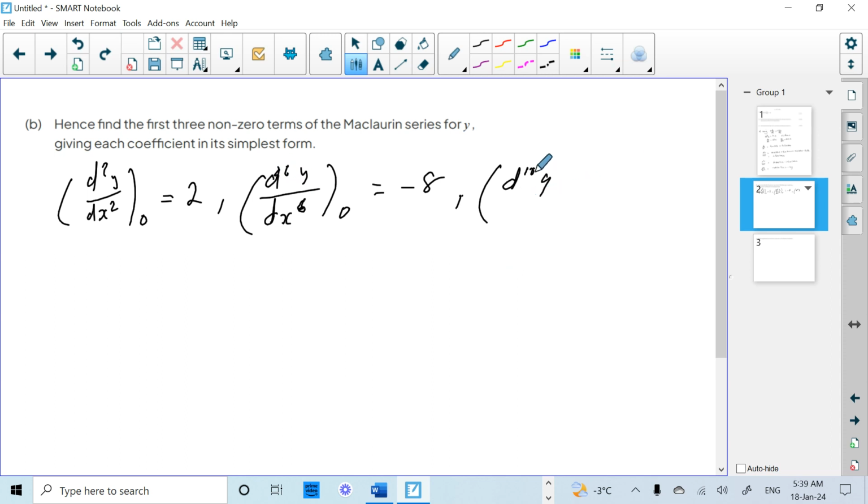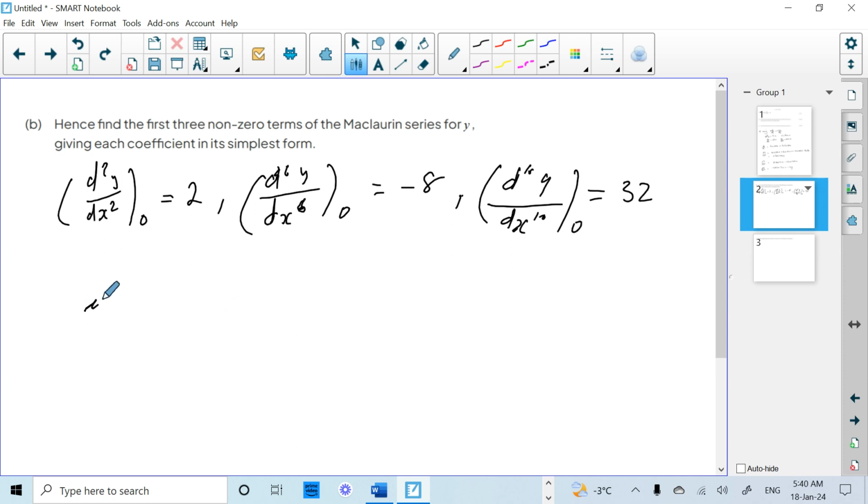And the 10th derivative, d10y/dx10, is equal to 32, and of course that has got a boundary limit of 0.